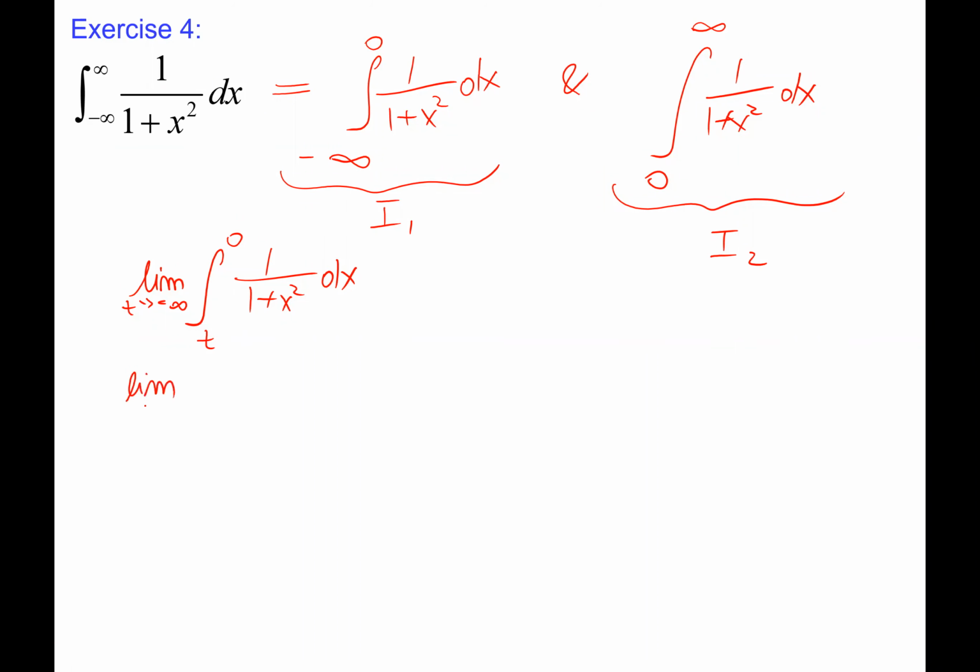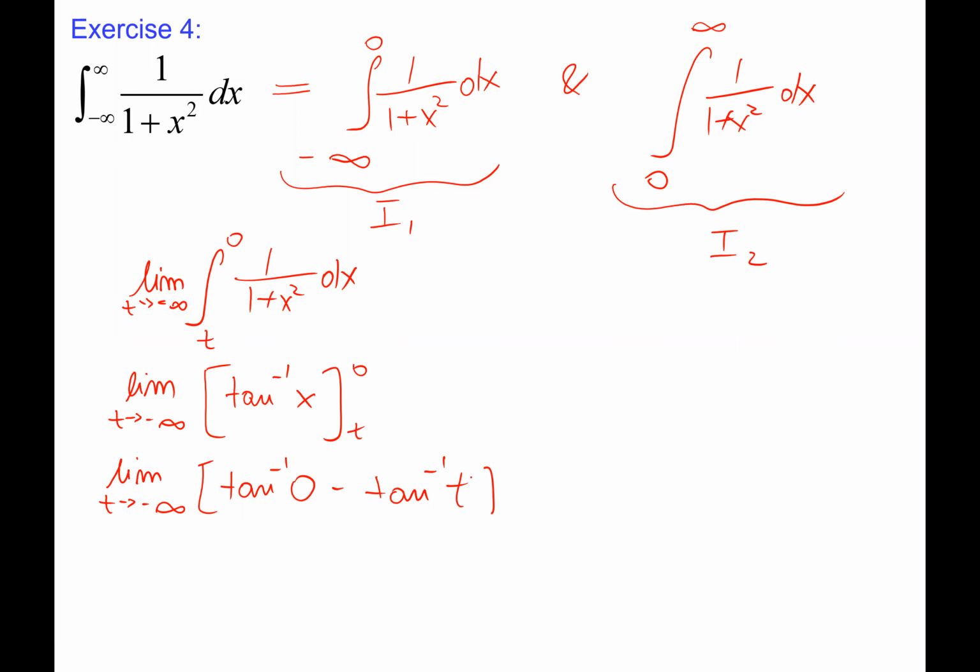We have a limit as t goes to negative infinity, and of course the integral of 1 over 1 plus x squared is inverse tangent of x from t to 0. Limit as t goes to negative infinity, inverse tangent of 0 minus inverse tangent of t.